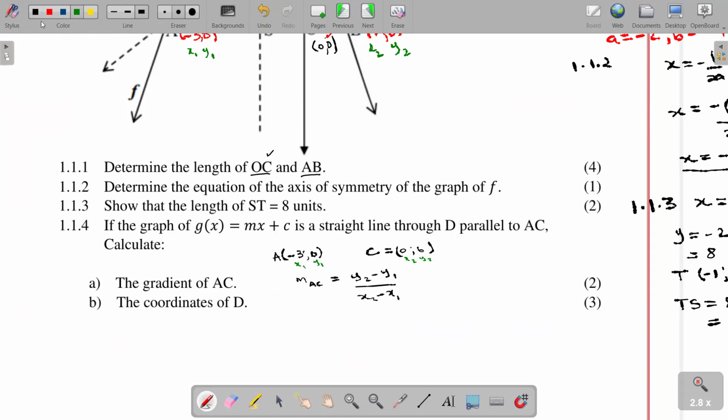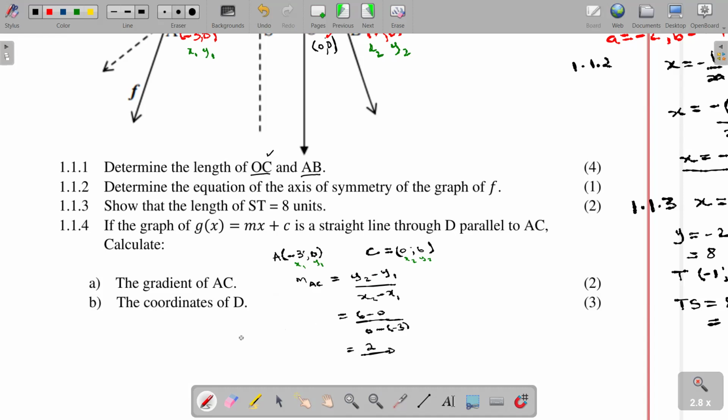Simplifying, the gradient is 6 minus 0 divided by 0 minus negative 3. Trusting the calculator, the gradient is giving us 2. So 2 becomes the gradient.